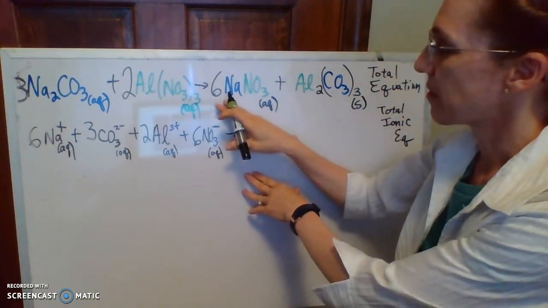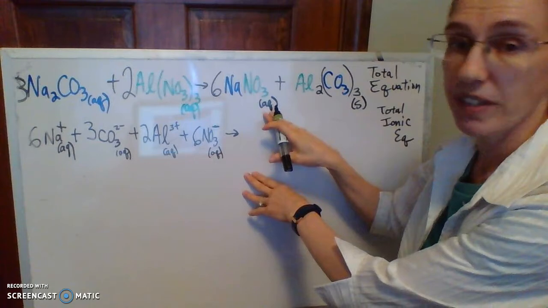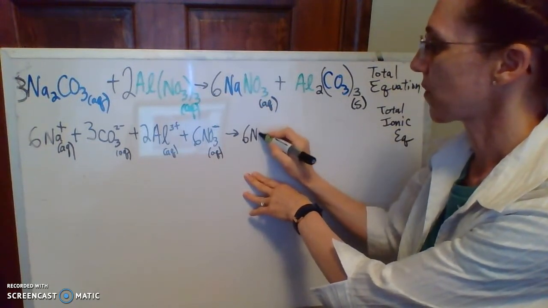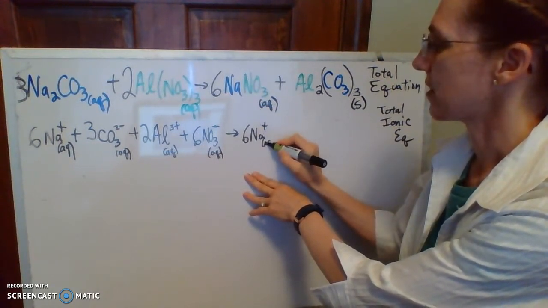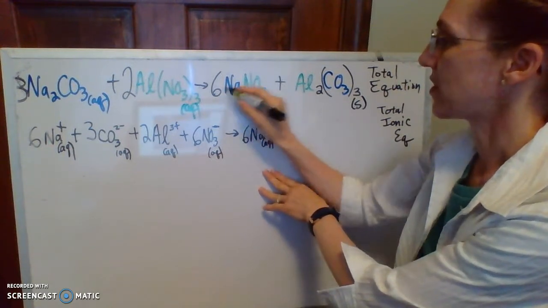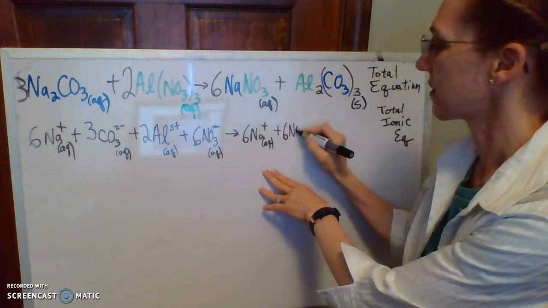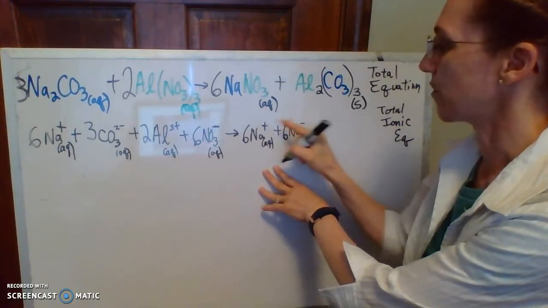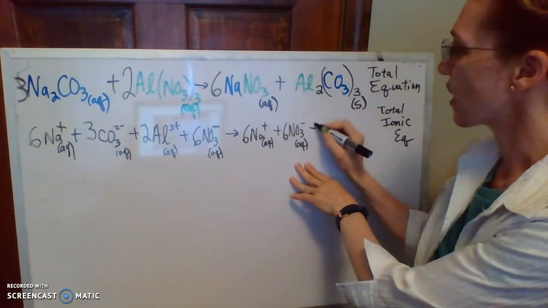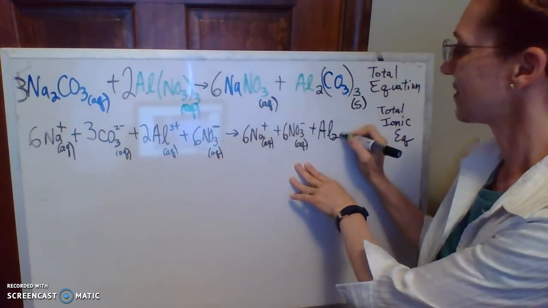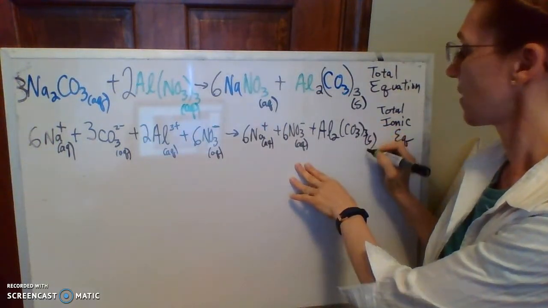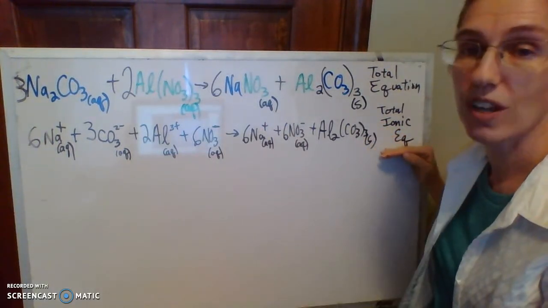Now, we'll do the same thing to this side. Remember, we're only doing the AQs. This is an AQ, so we have 6 of the sodiums. AQ. And we have 6 of the nitrates, which is an AQ. Don't forget the charges. The solid comes down as a solid. And you're done. That's the total ionic equation.